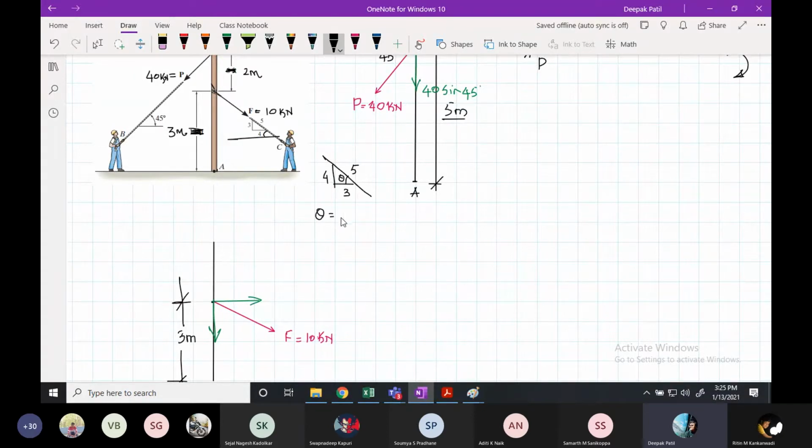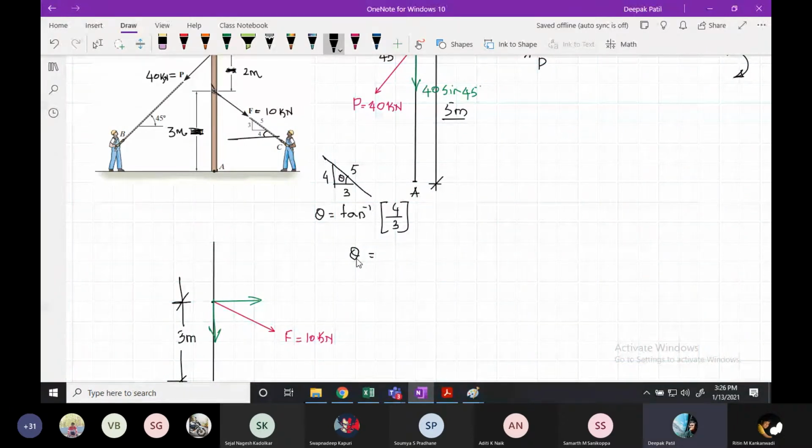So theta equal to tan inverse of 4 by 3. So theta comes out to be 53.13 degrees.